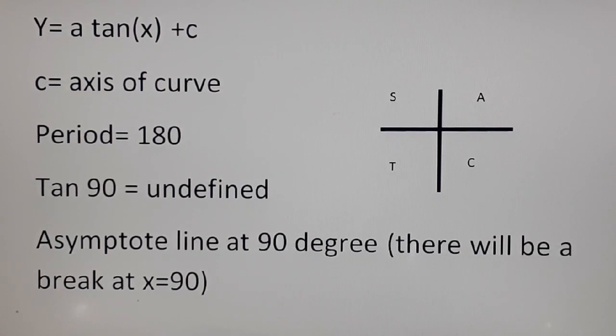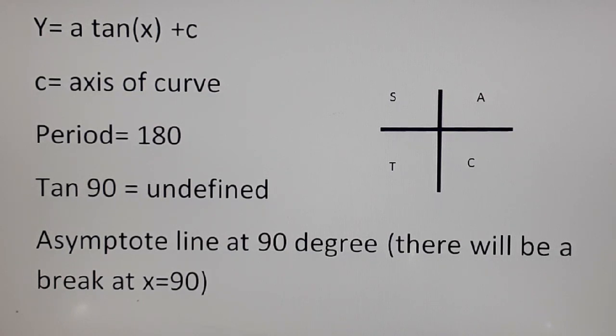Period 180 means that when you start putting values of x from 0 to 180, you will have values, some positive or negative, but as you put values after 180, you will see the repetition of the values, because in trigonometry there is no limit of angle.